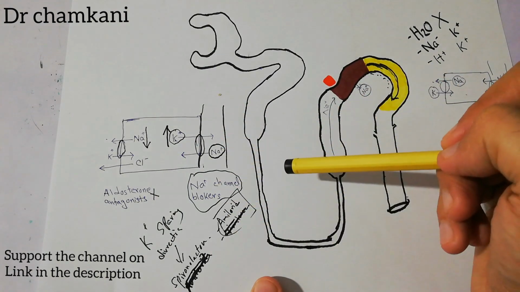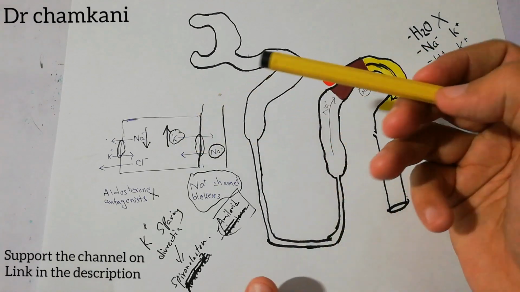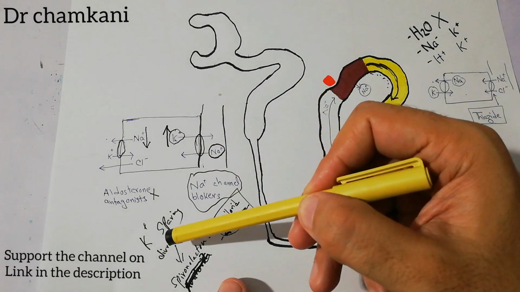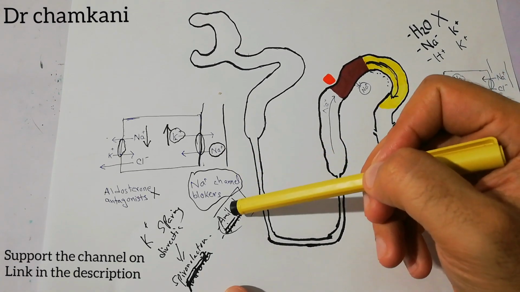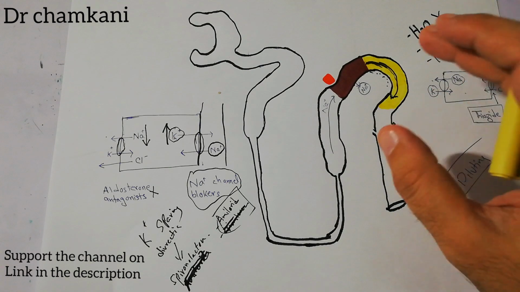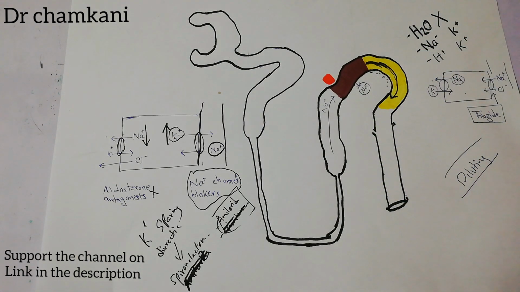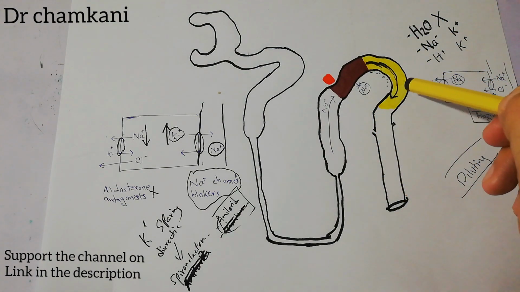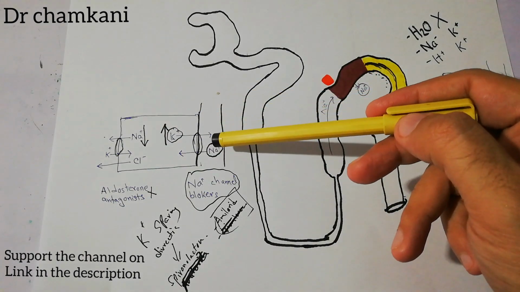So sodium will go out in urine causing diuresis, and there is no secretion of potassium, again conserving the potassium. Examples of the sodium channel blockers are amiloride and triamterene. Both these categories of potassium sparing diuretics have important clinical indications in different diseases. But their mechanism is simply in the late distal tubule and cortical collecting tubule, and the function is to block the sodium potassium pump and sodium channel.